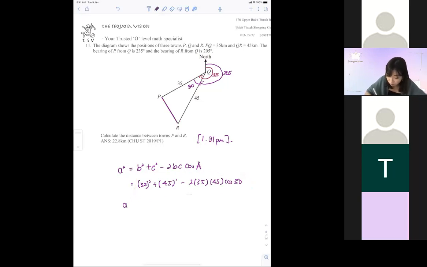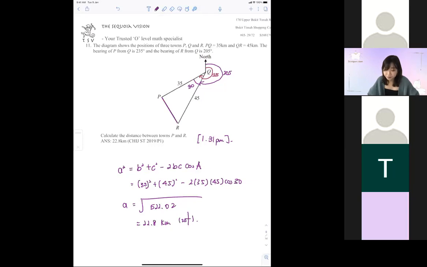Okay, then don't forget the square root. Okay, you get square root 522.02. You get 22.8 km.